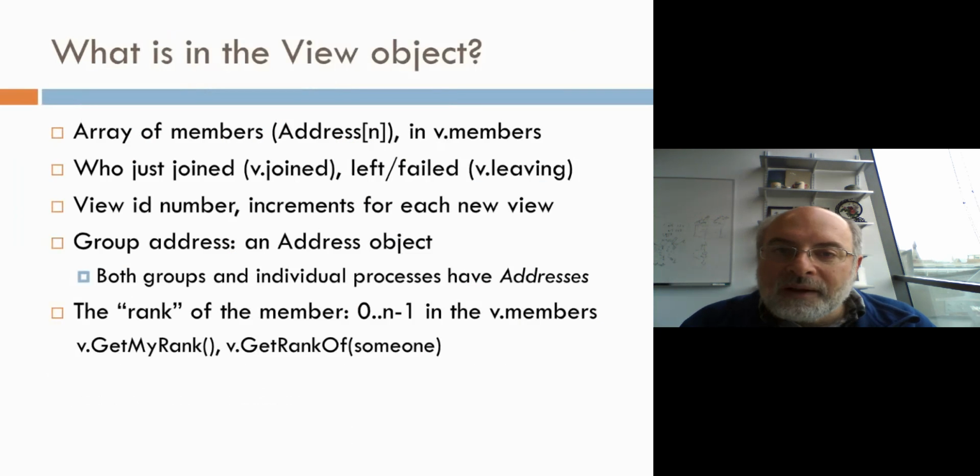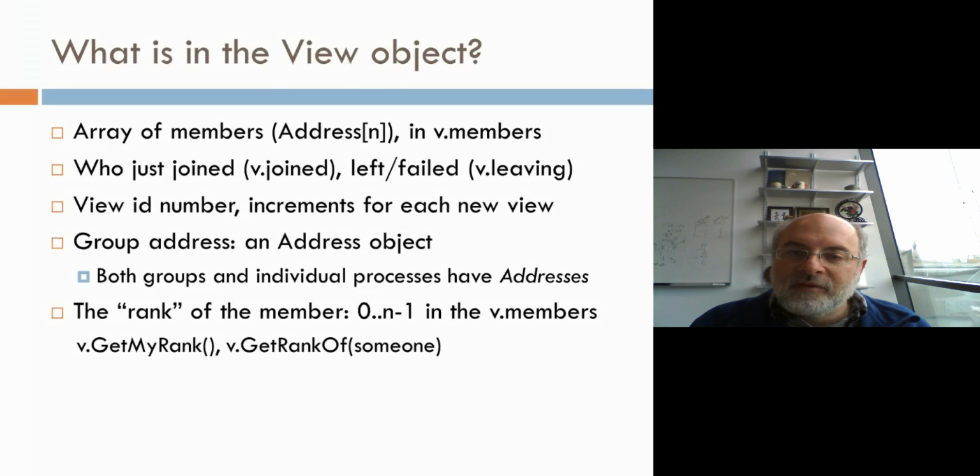And what's in that view object that you just saw, most of the fields were being printed, but the ones you really tend to care about is the array of members, which is in v.members, or you can call the v.getMembers getter routine. And it's an array of the number of members in the group in that view, and you can use the length of that list as a way to find out how big the group currently is.